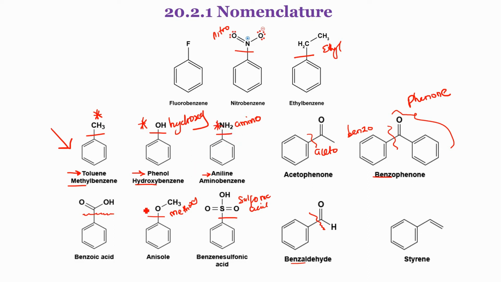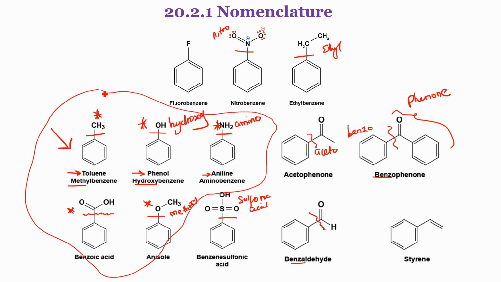There's one more or two more: benzoic acid and anisole. Those are the major ones that will most likely give you a parent name for the scope of this class. There are more, but obviously these are surveys, so I'm limiting myself to very few choices. I'm just giving you a taste of each chapter as far as we can go.